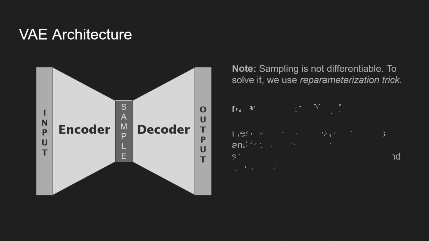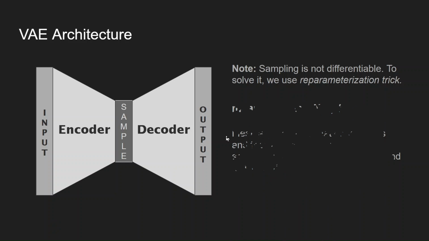But if we use the mean and sigma coming out of the encoder directly in the sampling distribution, then the distribution itself is not differentiable, our computational graph will break right here, and the backpropagation algorithm will not update the weights of the encoder.